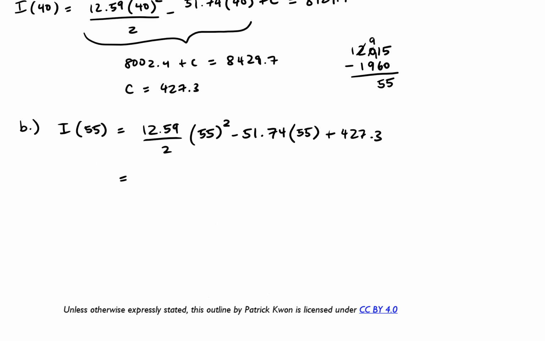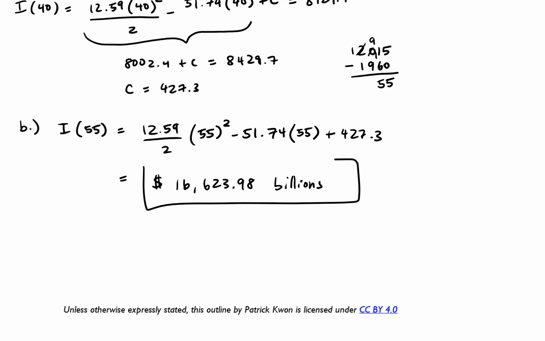And if you throw that into your calculator, we get that that's equal to $16,623.98, but this is in billions of dollars. And that represents the total US personal income in the year 2015.